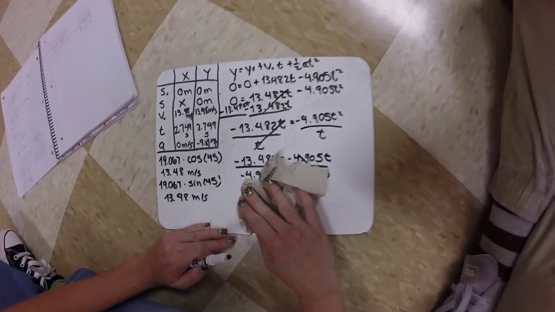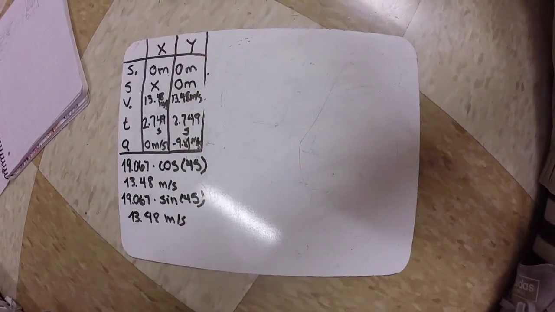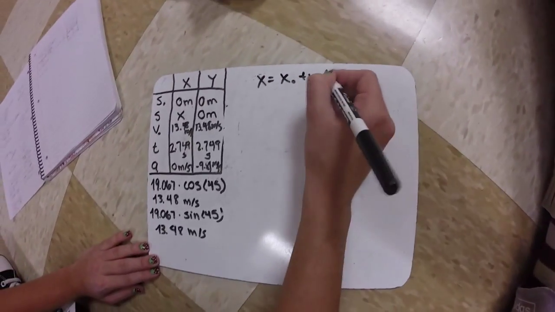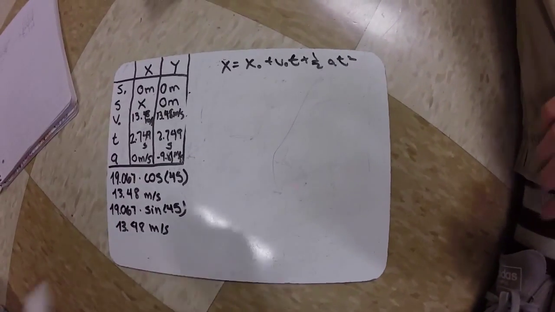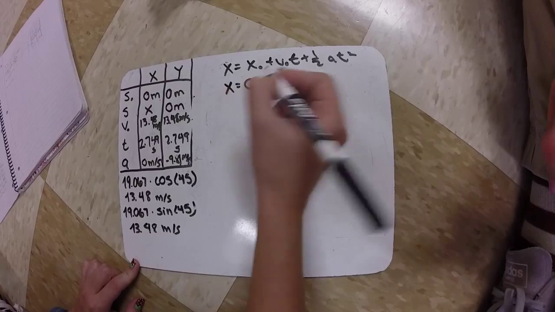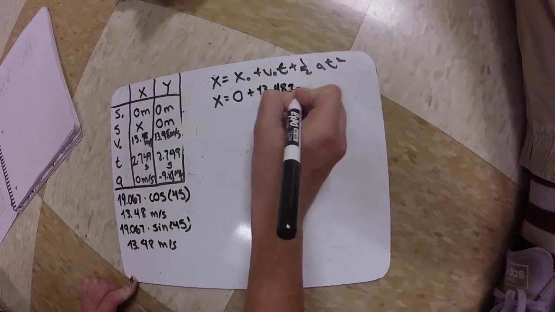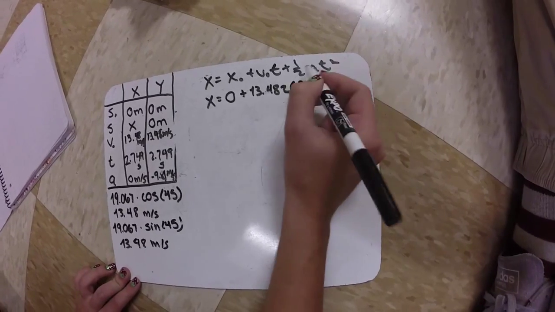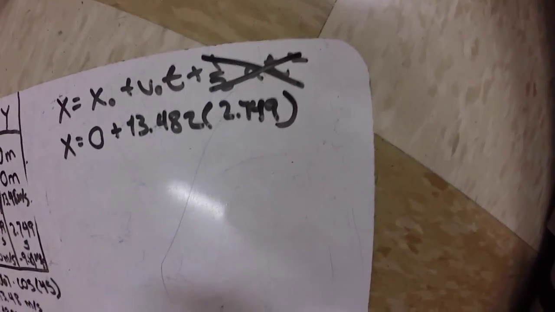Okay, and once we have our time, we can actually solve for our maximum distance. So we use the equation x equals x naught plus v naught t plus 1/2 a t squared. We don't know our final x position, but we do know that our initial x position is 0, that our initial velocity is 13.482, that our time is 2.749, and since the acceleration is 0, we can just chop that off because 0 times anything is 0.